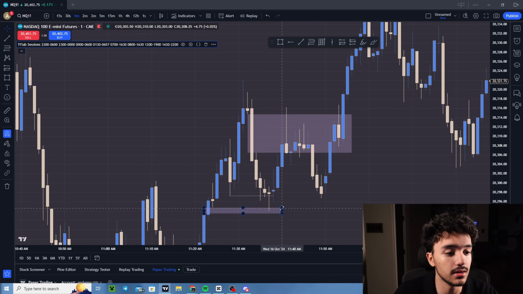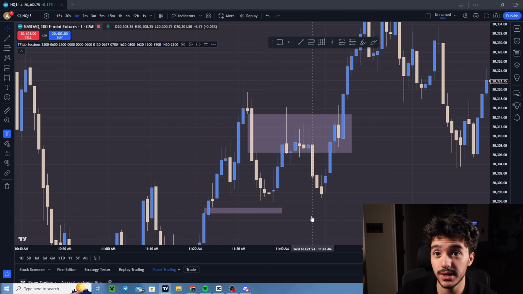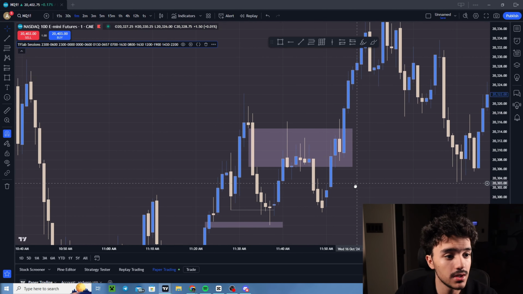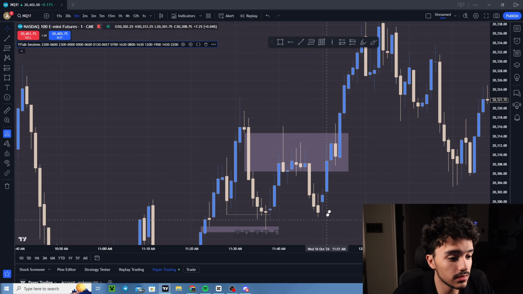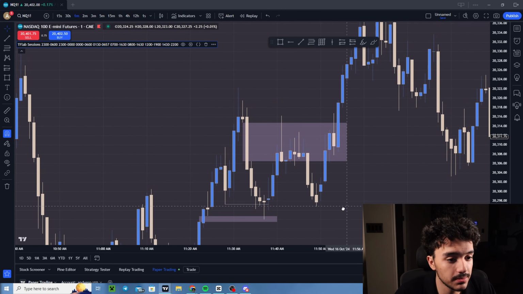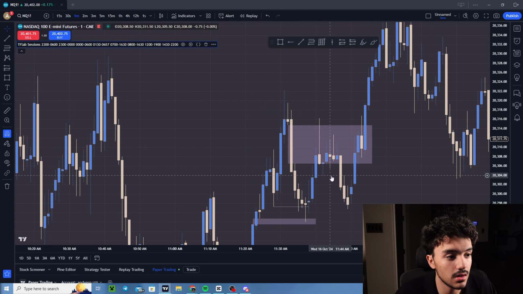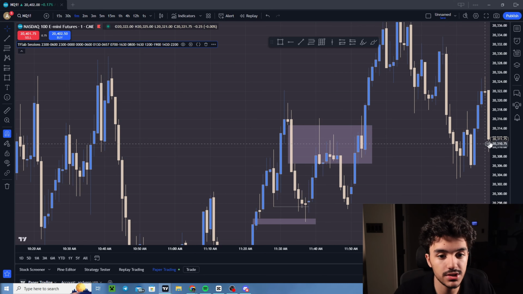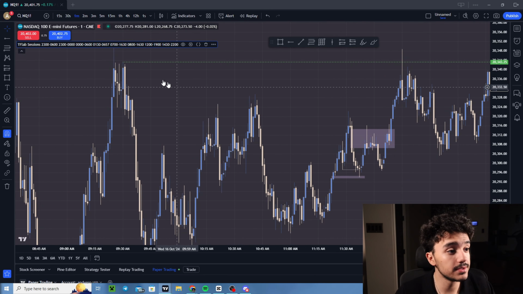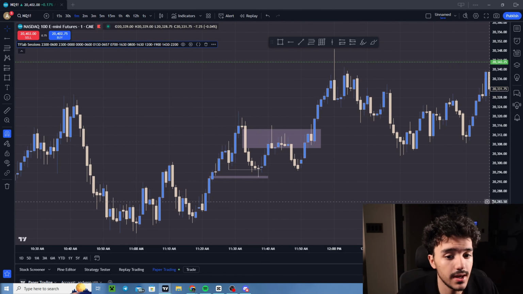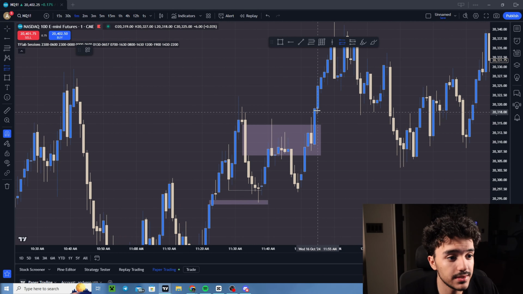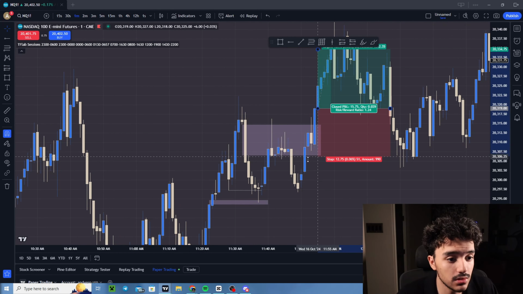But we want to have an 80% plus win rate, so that's why I wouldn't be taking those. Here we would look for the sweep right here, a beautiful sweep, and our daily bias is bullish, so we would be targeting this high right here, and we would enter off this candle close above the fair value gap.